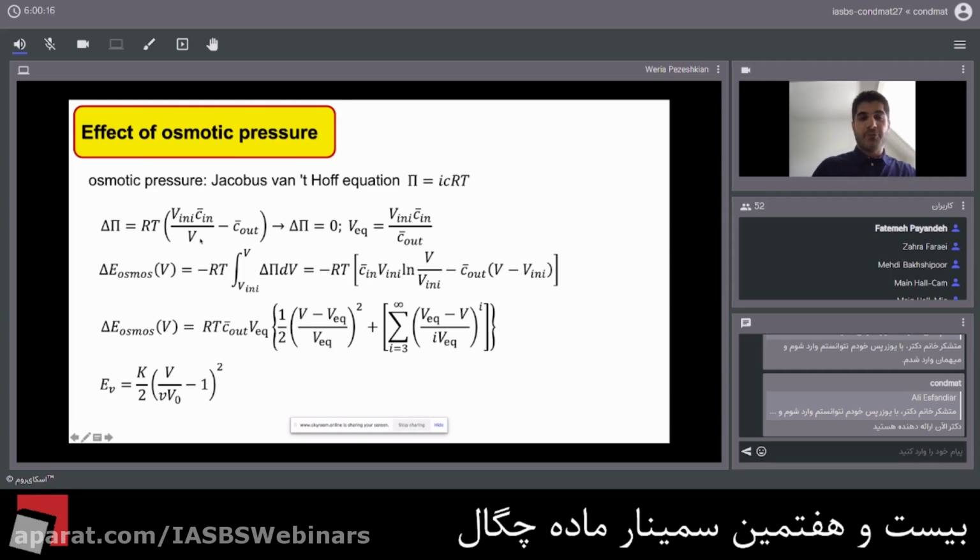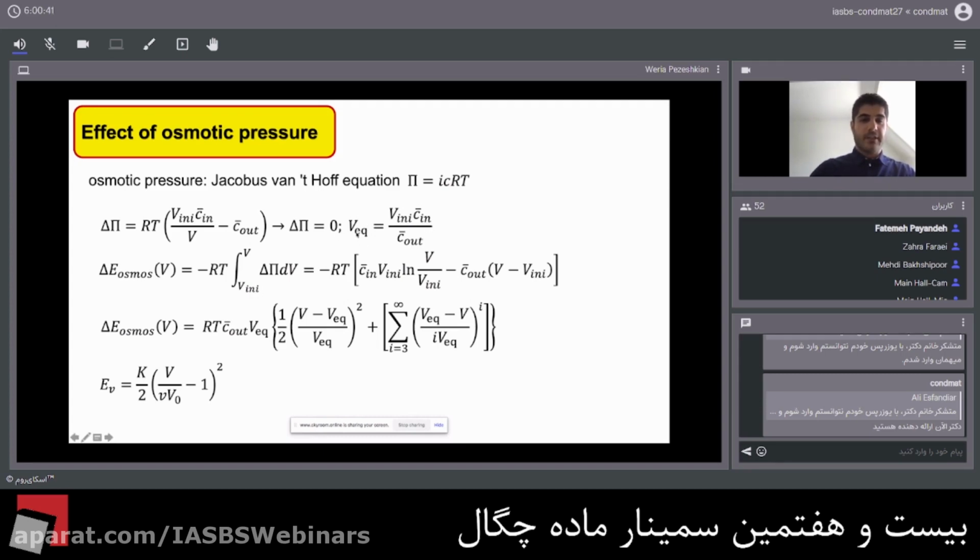As the volume gets smaller, the concentration increases because the number of particles inside the vesicle is constant. So from this we can obtain the equilibrium volume, where the osmotic pressure difference is zero, let's say.